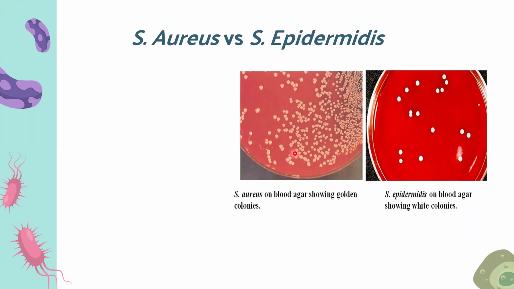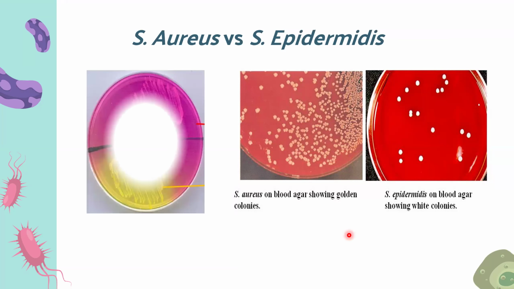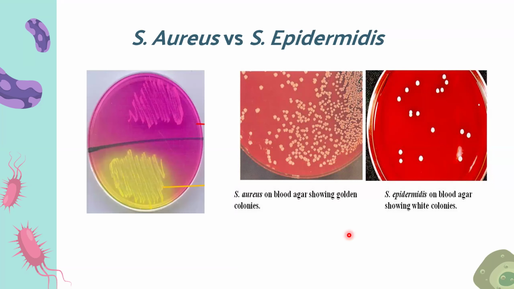Another way that I can differentiate between Staph aureus and Staph epidermidis, remember which agar we used that was selective for staph? Mannitol salt? Absolutely, yes. Mannitol salt agar is selective for staph and differential for staph aureus, because staph epidermidis does not ferment mannitol.